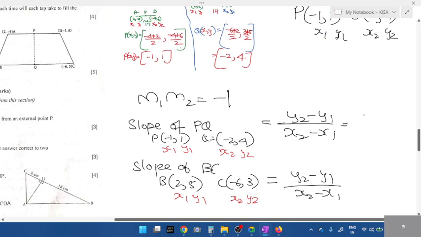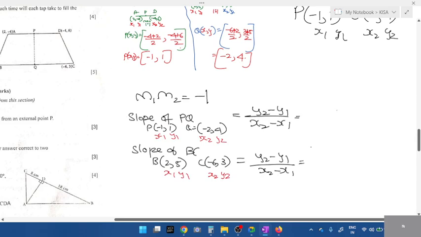What is the value? y2 is 4. Write it. All of you will complete. Substitute. y2, 4 minus, what is y1, students? 4 minus 1 divided by minus 2 minus 1.